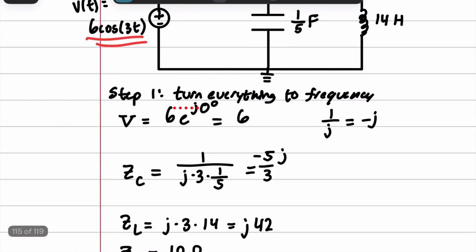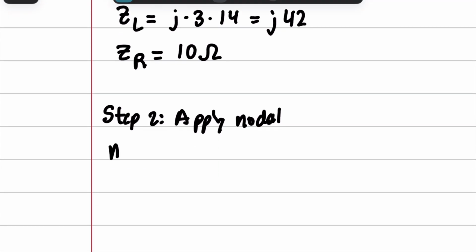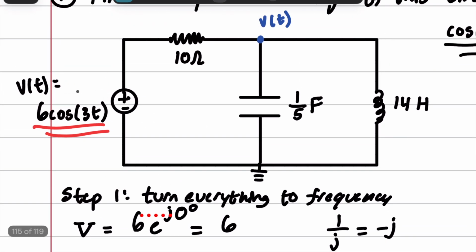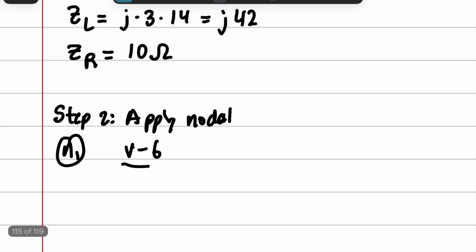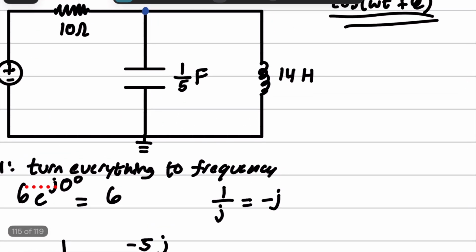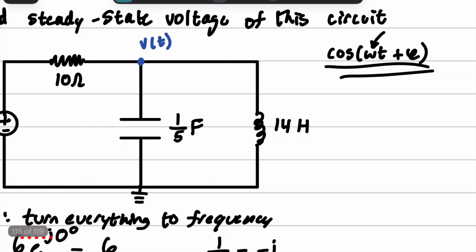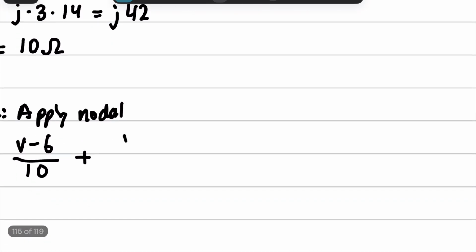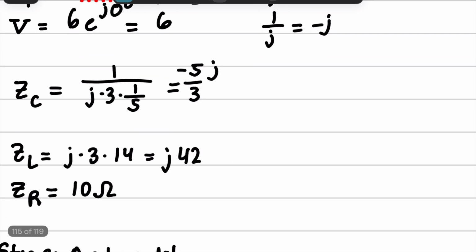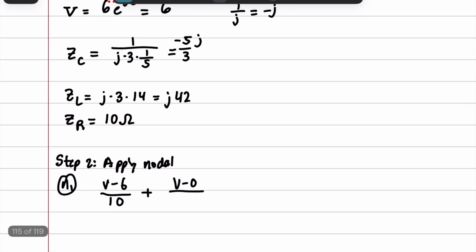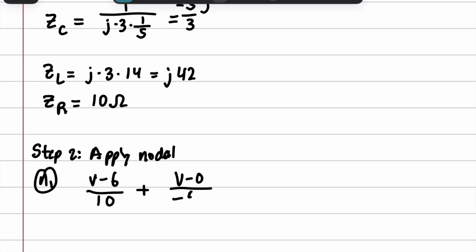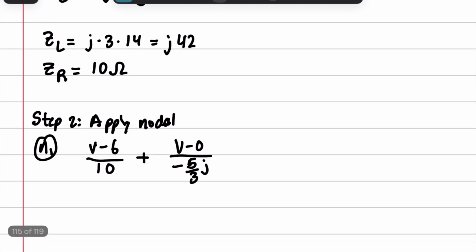We're going to say at n1, v minus 6, because our source is constant in the frequency domain, so it's v minus 6 over 10, plus v minus 0, because it's directly connected to ground, divided by negative 5/3 j.